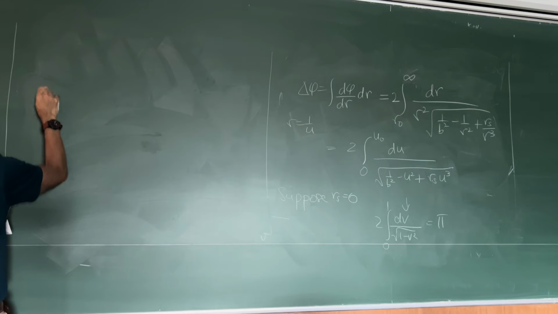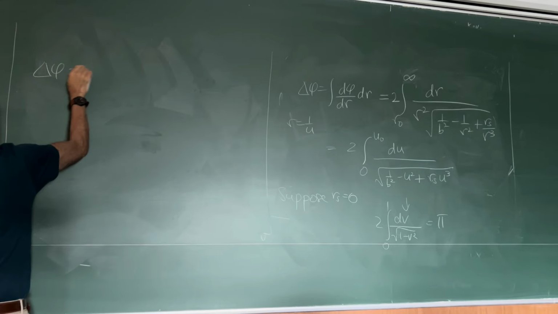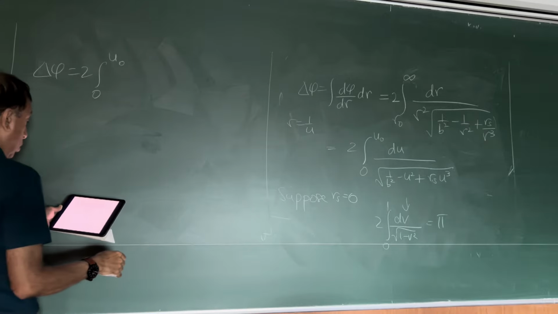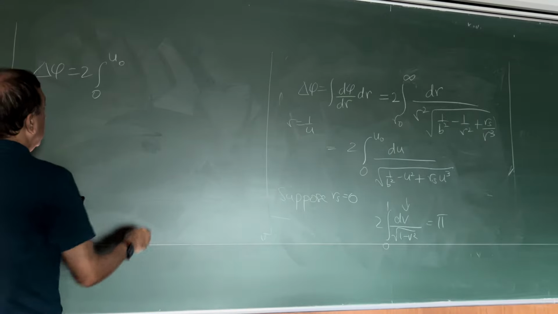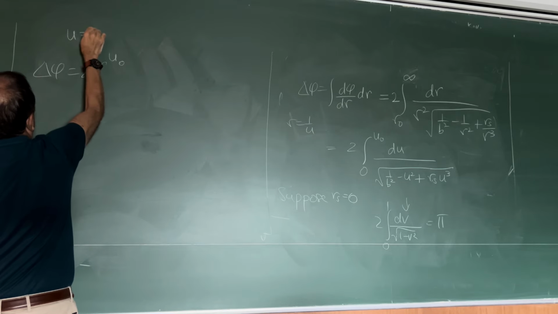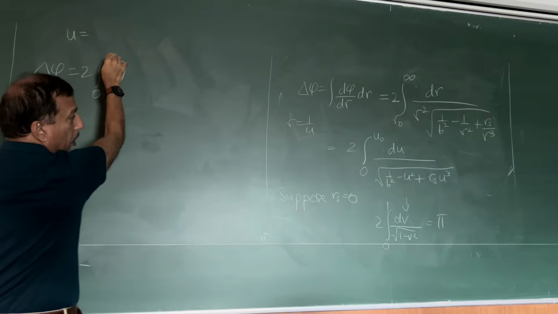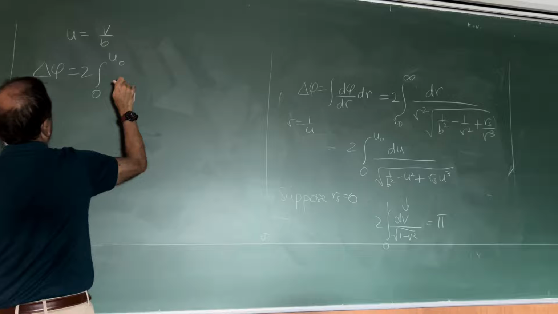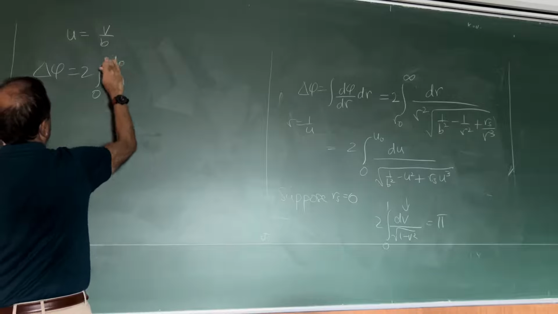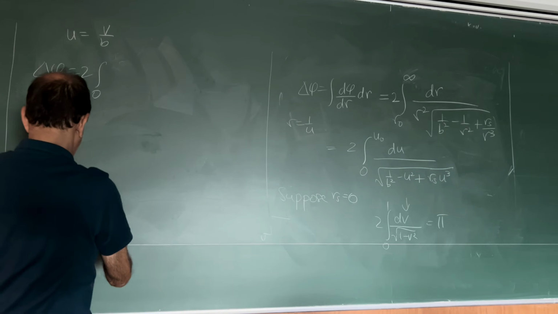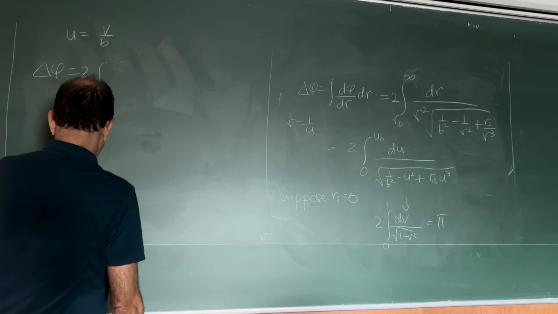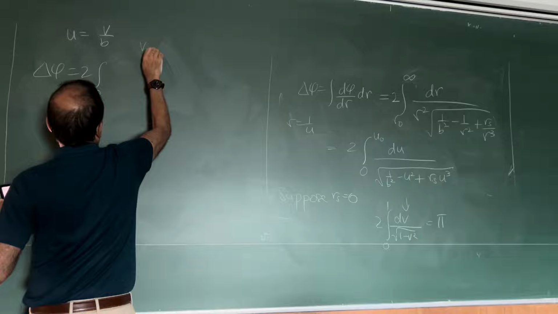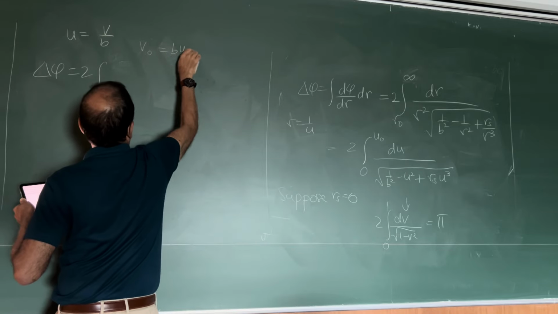So first of all, this is delta phi, there's a 2, and 0 to u0. First of all, we redefine u equals v by b, and let v0 be equal to b u0.